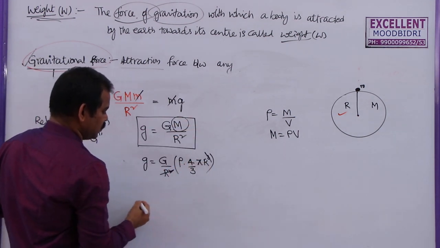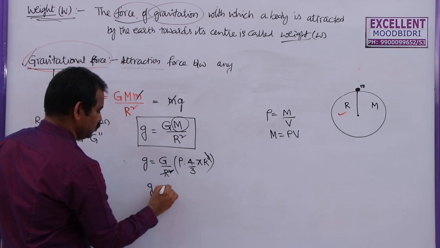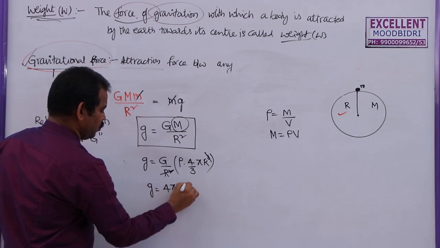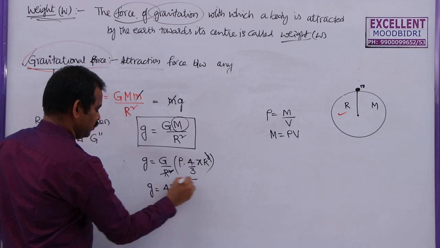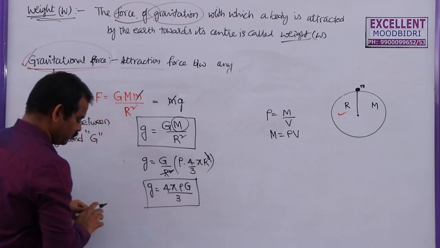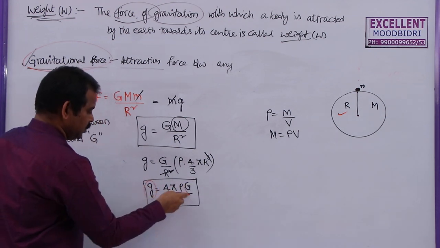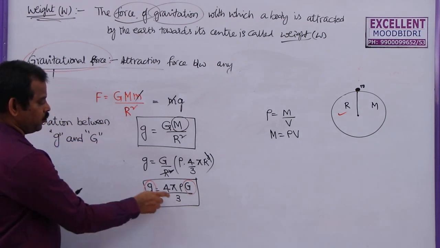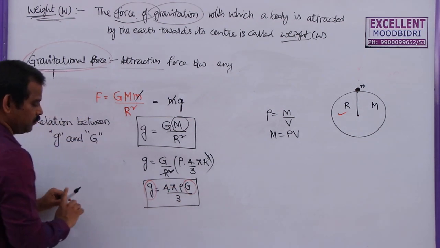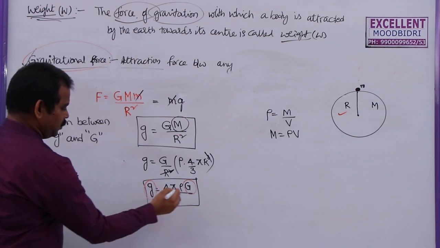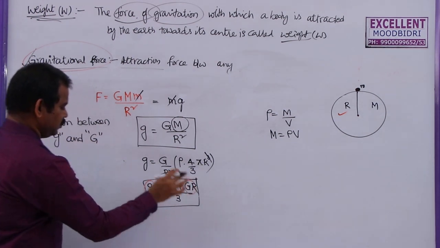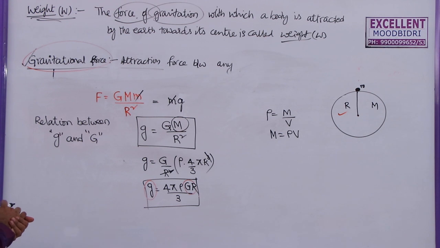This r cube and r square get cancelled. Small g is equal to 4 pi rho G by 3. So this is also one more relation between small g and capital G, which is given by 4 by 3 pi rho G r.